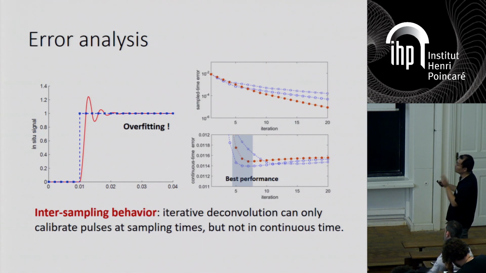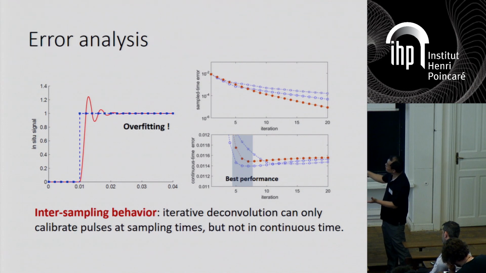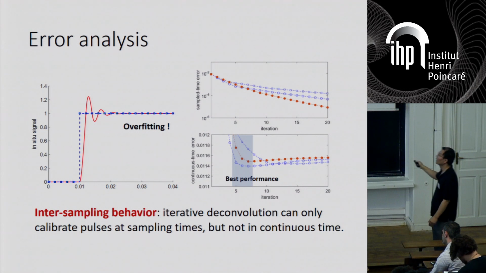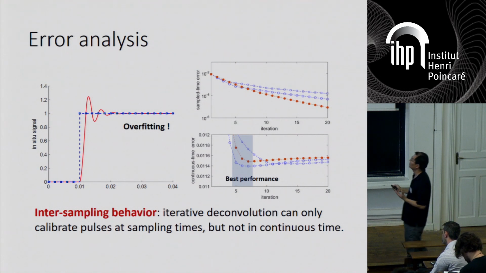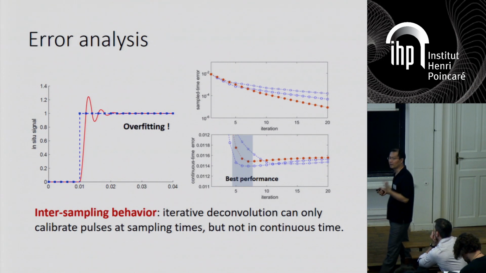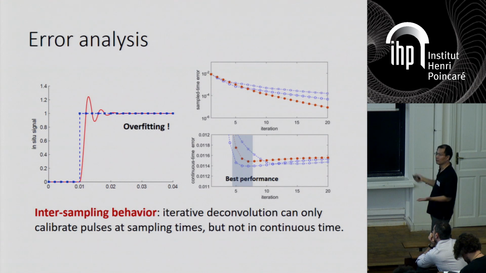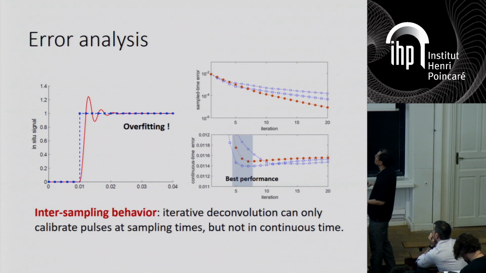If you only look at the sampling errors, you can monotonically decrease it to arbitrary precision. But if you look at the continuous curve error, you can see that firstly it decreases, and then it slightly rises up. In machine learning, this is a kind of overfitting. If you only focus on the data you are training your model on, you will not get the best model. So the best performance is actually achieved around the 5th or 10th iteration.